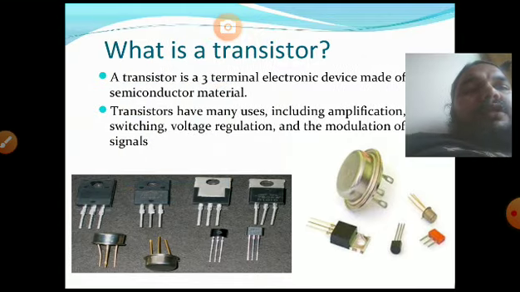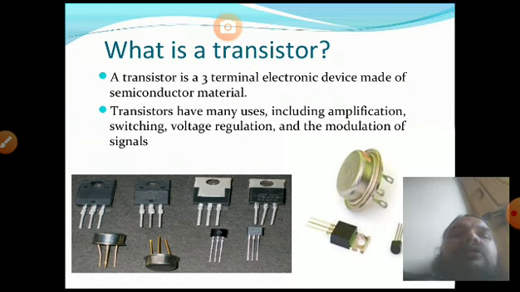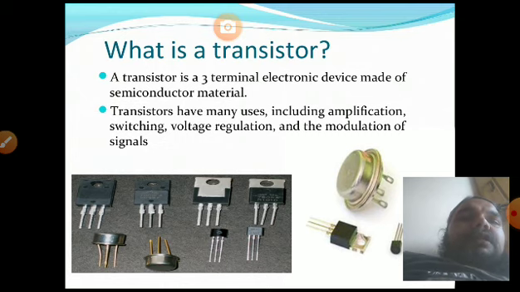Next, what is a transistor? A transistor is a three-terminal electronic device made of semiconductor material.